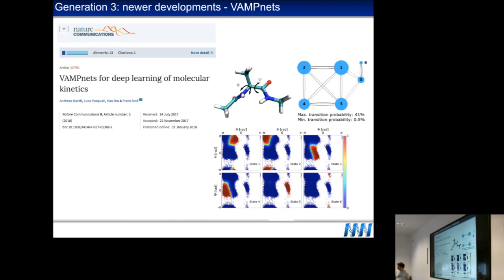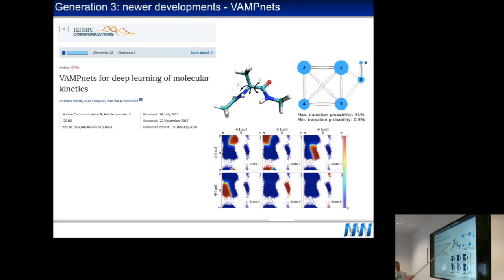And VAMPnet directly gives you a Markov model. That means a normal transition matrix between different states, but the assignment of your MD frames to these states is fuzzy. In other words, some of these MD frames or configurations will be clearly assigned to one of the metastable states, such as, for example, this dark red point here for alanine dipeptide.